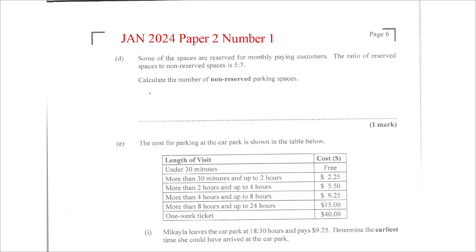Okay. So we know it's a 5 to 7 ratio. And how many spaces do we have? So it's reserve to non-reserve. So you know reserve is 5 parts, non-reserve is 7 parts. We know that the total parking spaces above, was it 1020?